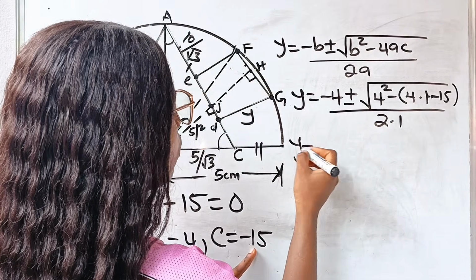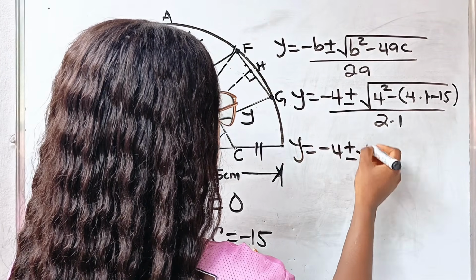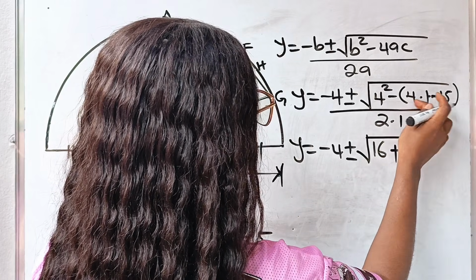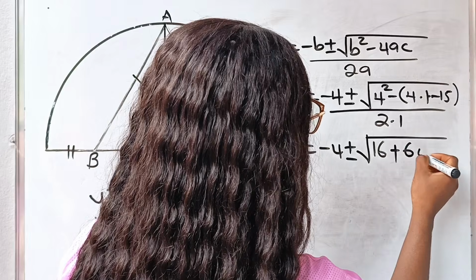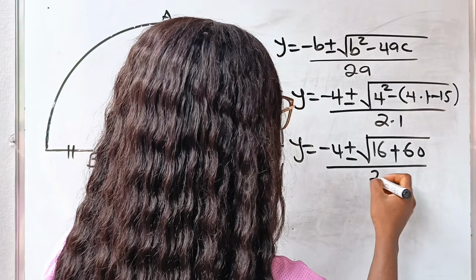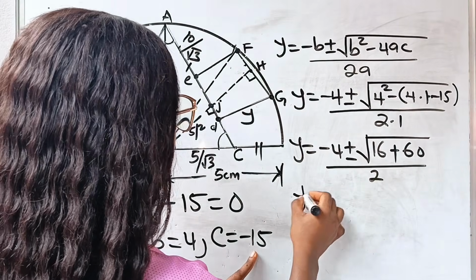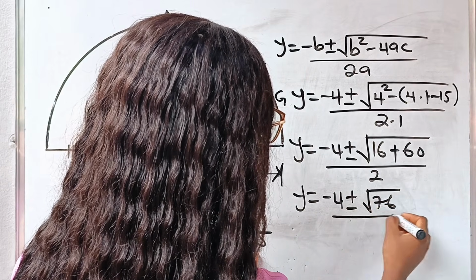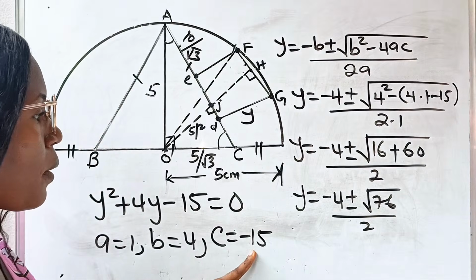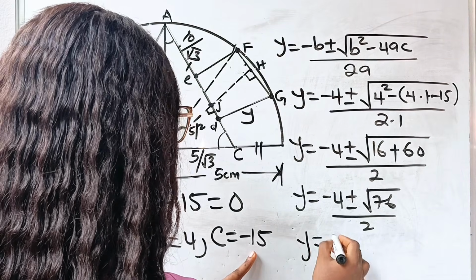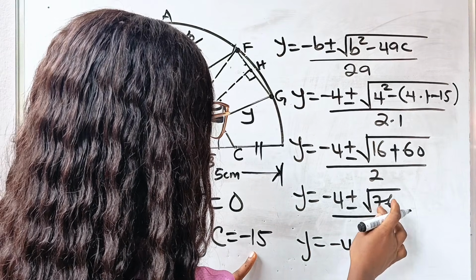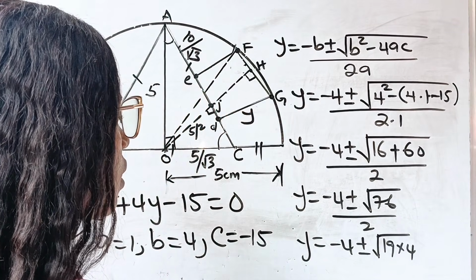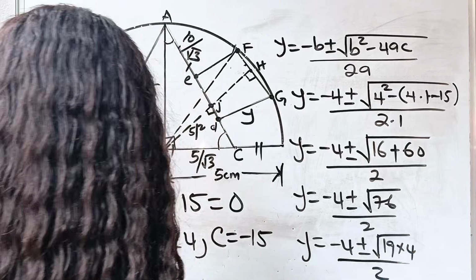So y will be equal to minus 4 plus or minus square root of 16 minus minus is plus, 4 times 15 is 60, divided by 2. So our y will be negative 4 plus or minus square root of 76 divided by 2. Okay, now y will be equal to minus 4 plus or minus the same thing as square root of 19 times 4, divided by 2.